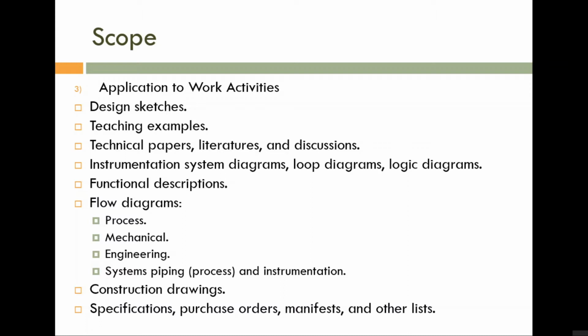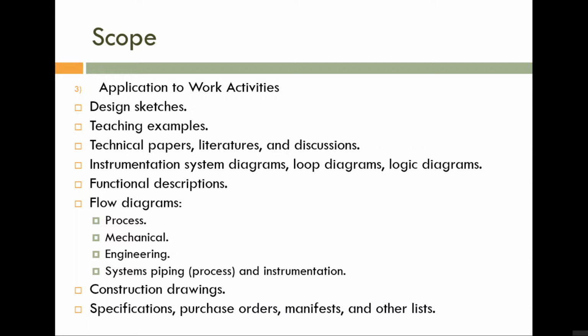So from the work activity point of view, that design sketch will reduce the task of the operator. For me also, it is very easy to explain a process by using the ISA standard. So from the teaching point of view also it will help. We can easily explain a process by using the ISA diagram, and then show the real process. It will also help to write a technical paper or to do literature research.